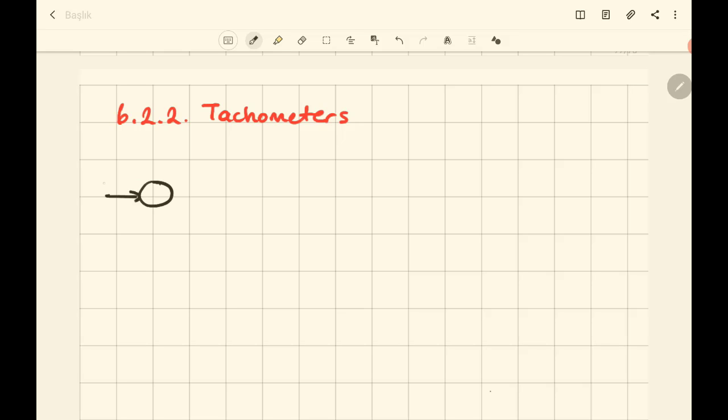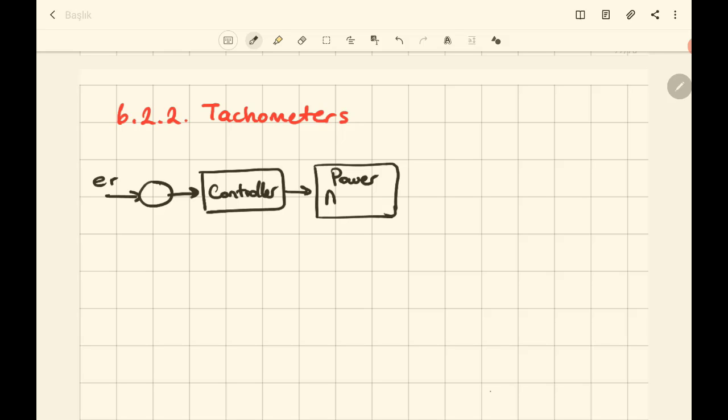We have an input signal called E_R, and then we have a controller and a power amplifier for actuating the DC motor. We have a DC motor to be controlled in the system.